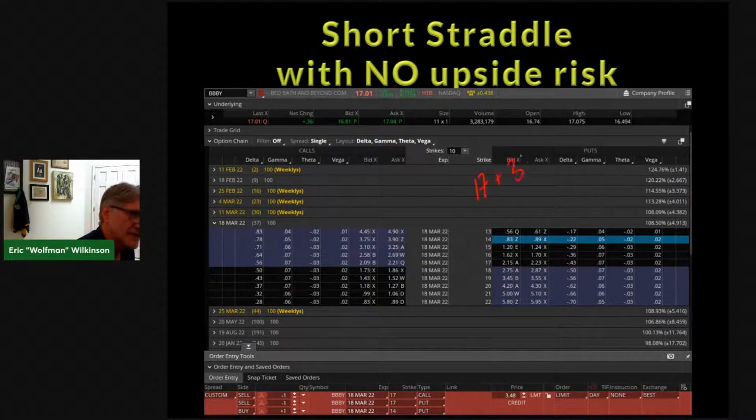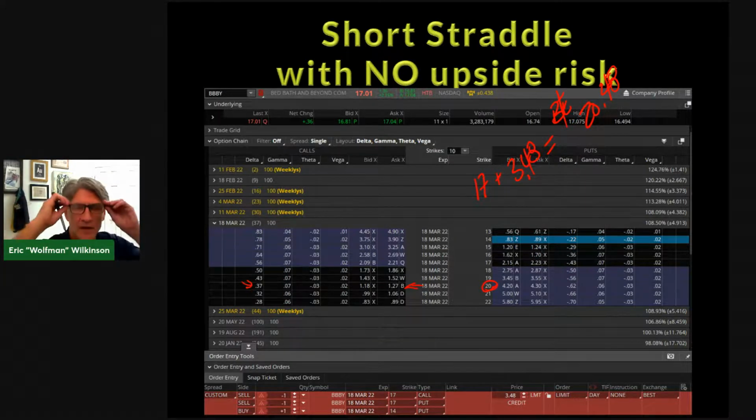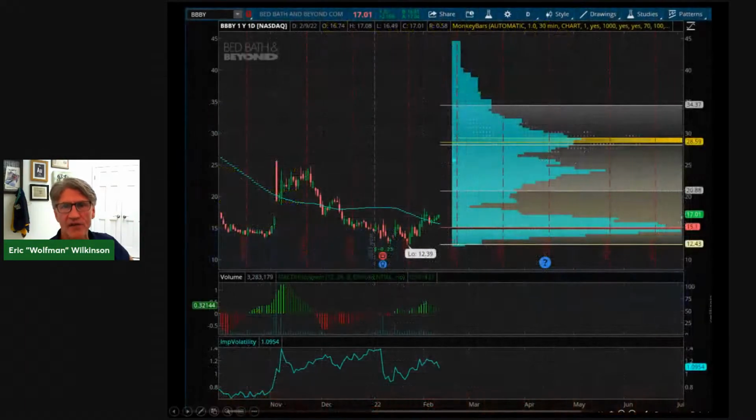Plus the 3.48 means my break even is $20.48. So that means it's right here at around this strike, right? This 20 strike. What's the probability of this happening? About 36%, 37%. That's usually what we call around the one standard deviation move.